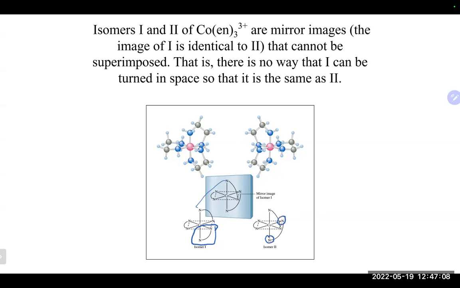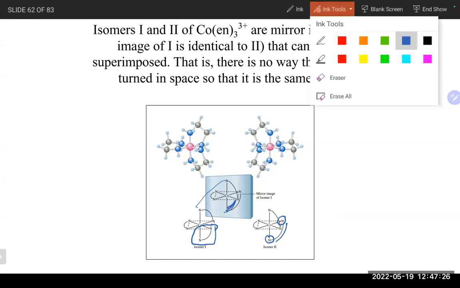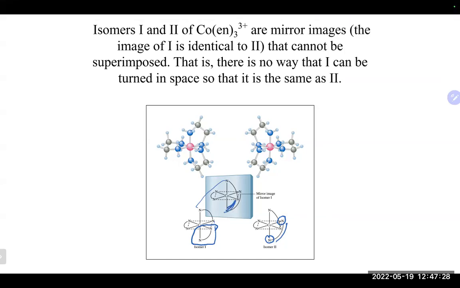So when you pull it out and rotate it, that nitrogen is always going to be in the wrong location. It's that slight different connection in the mirror image, connected to the back one versus the front one, that won't allow it to superimpose.